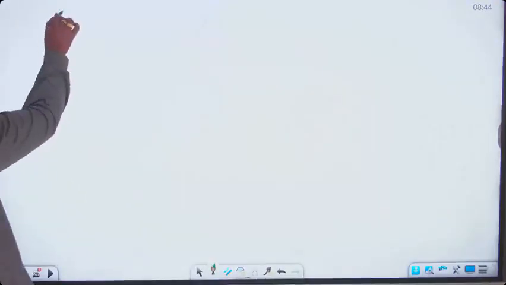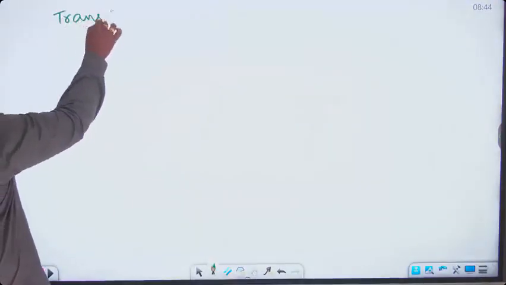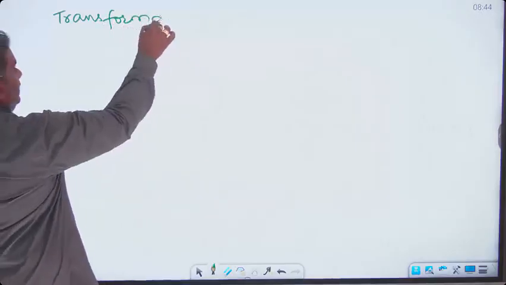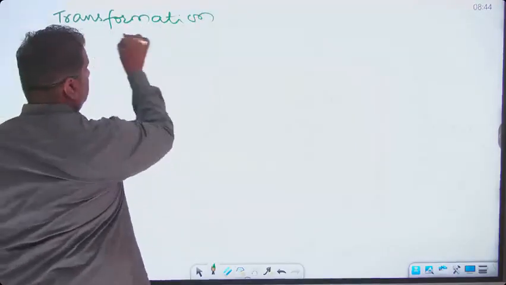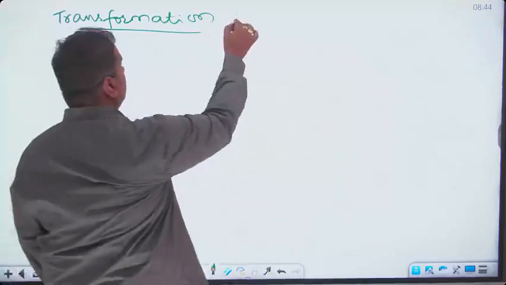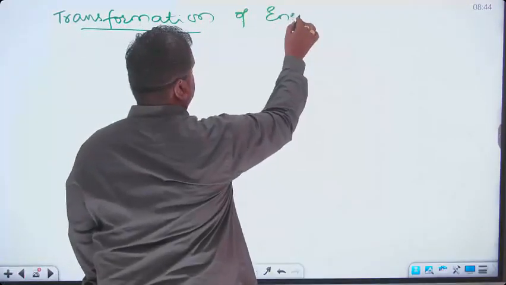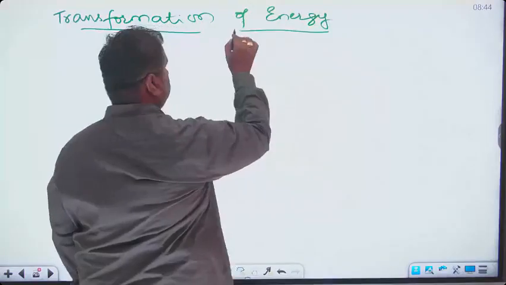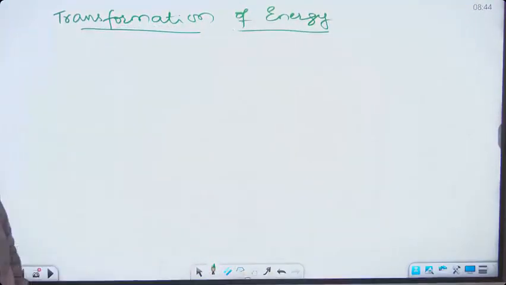Then you talk about the transformation of energy. What do you mean by the statement? Transformation means energy change, or you can even say conversion.